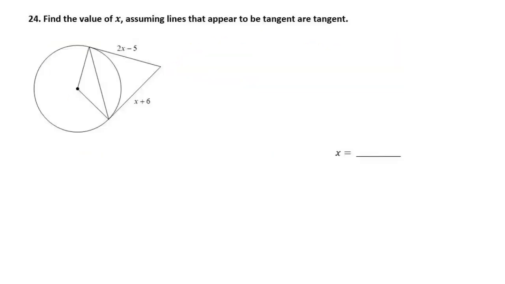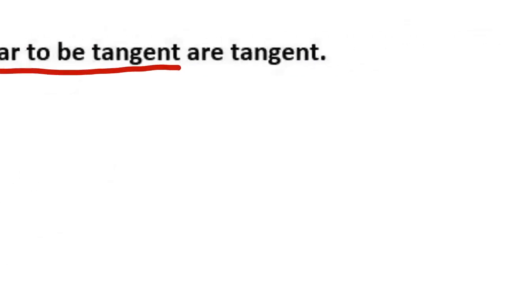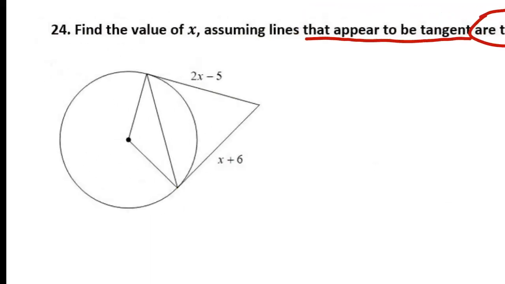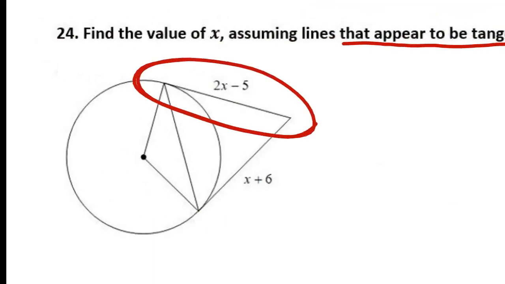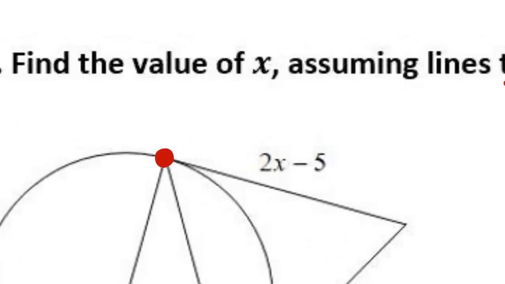Number 24, find the value of x, assuming lines that appear to be tangent are tangent. A tangent to a circle is a line that touches it in exactly and only one spot. So this top line right up here, that segment touches my circle in this one spot only.